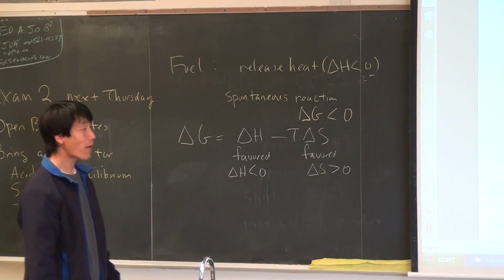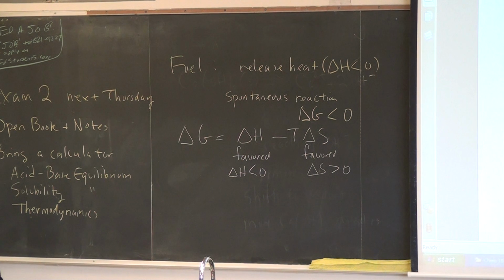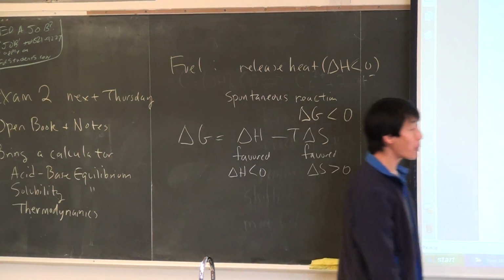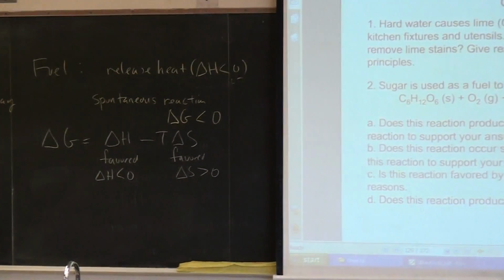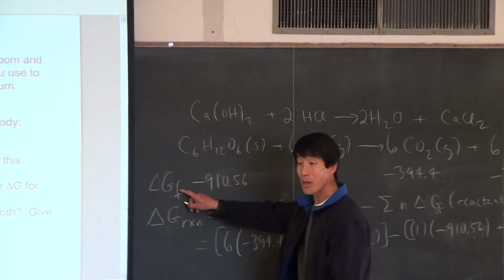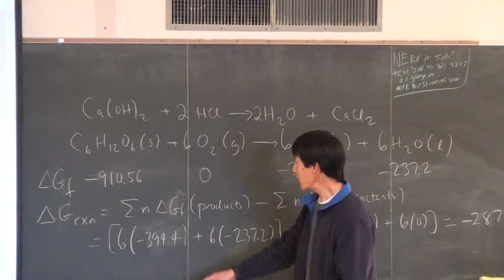Is this reaction favored by entropy? We don't know. Can we figure out whether this reaction is favored by entropy? Yeah, so we can do it one of two ways. One is by looking at the entropy of formation, plugging it into this equation.